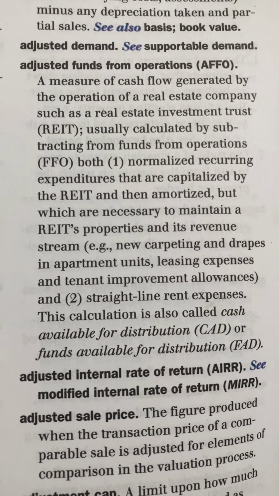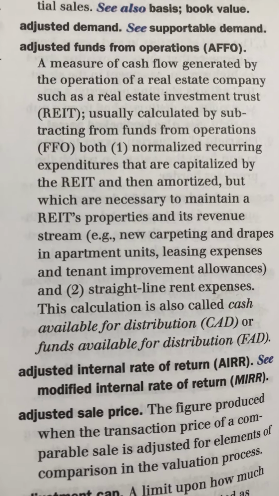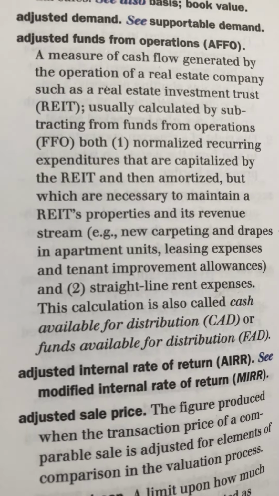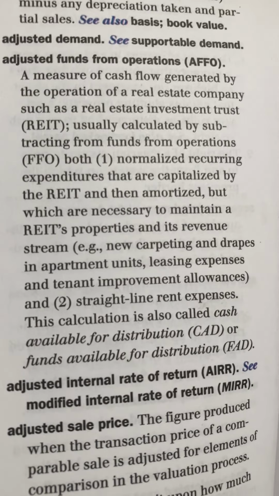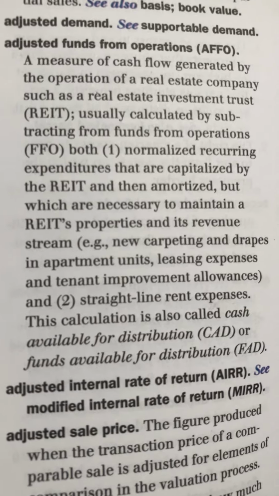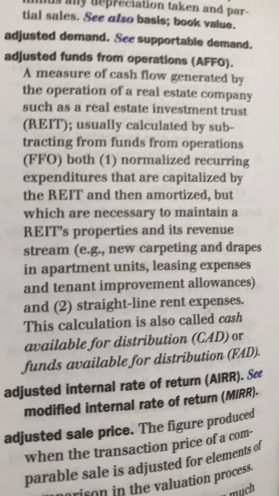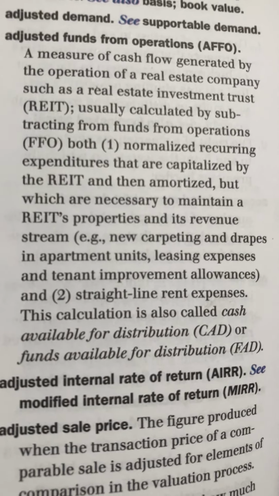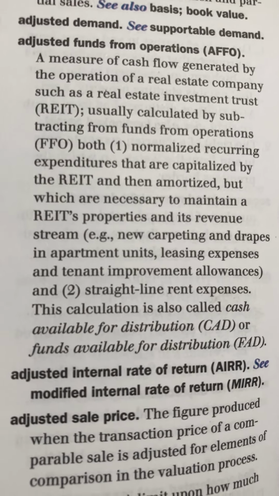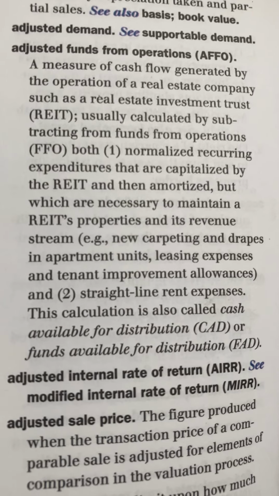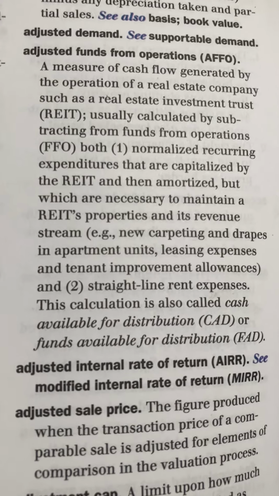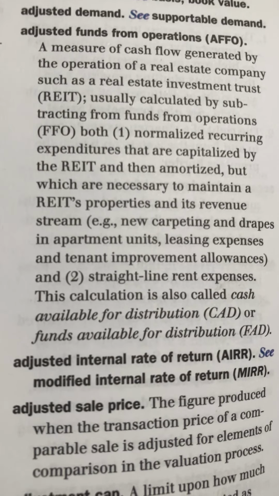Usually calculated by subtracting from funds from operations, FFO, both 1, normalized, reoccurring expenditures that are capitalized by the REIT and then amortized, but which are necessary to maintain a REIT's properties and its revenue stream. For instance, new carpeting and drapes in apartment units, leasing expenses and tenant improvements allowances.